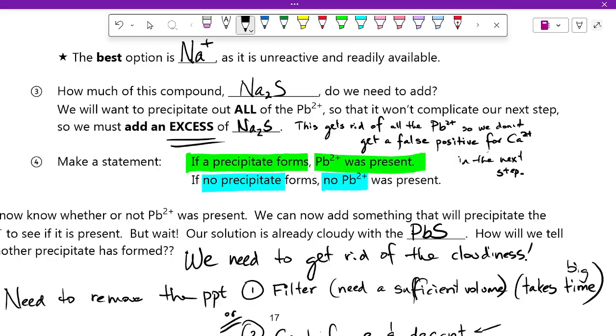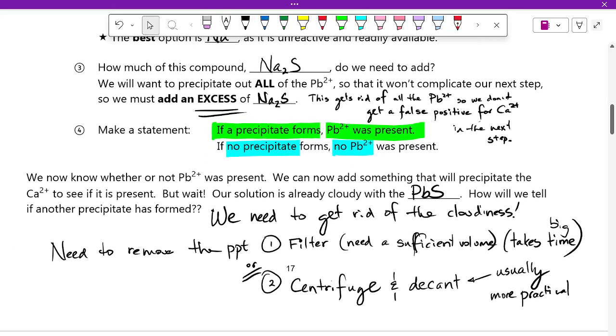This is usually more practical. So we need to either filter or we need to centrifuge and decant.